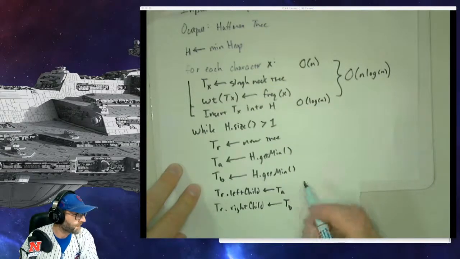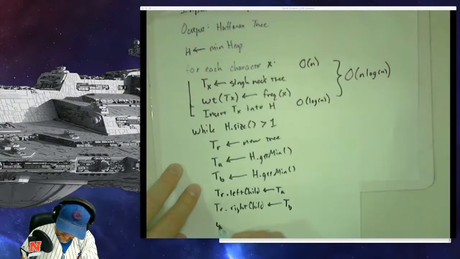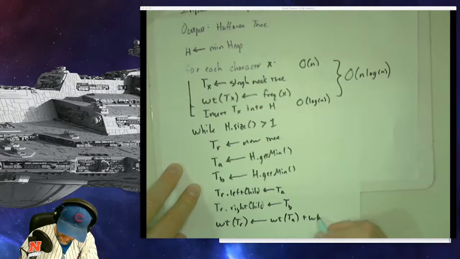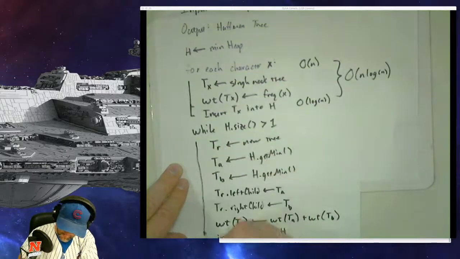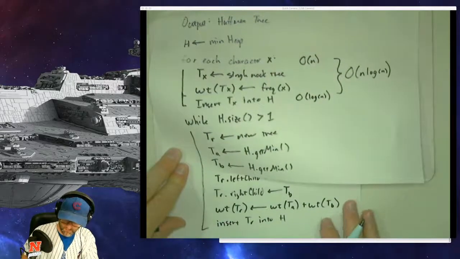Okay. And then I need to define the weight of this new tree, T sub R. That's going to be the sum of the weights of the old trees, T sub A plus T sub B. And then I need to throw this back into consideration. So insert T sub R into H. Right, there we go.